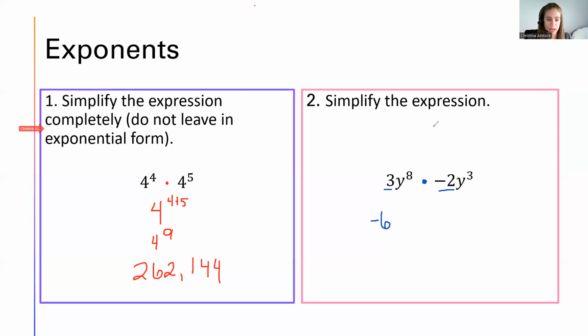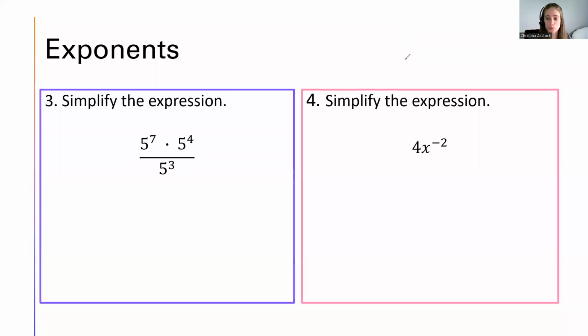Then with our powers, our y to the 8th and y to the 3rd, because they're a power, we can use our property of exponents, which says because they have the same base, we can add the exponents together. 8 plus 3 is 11. And that is as simplified as I can make it because I'm not given any information as to what our value of y is.